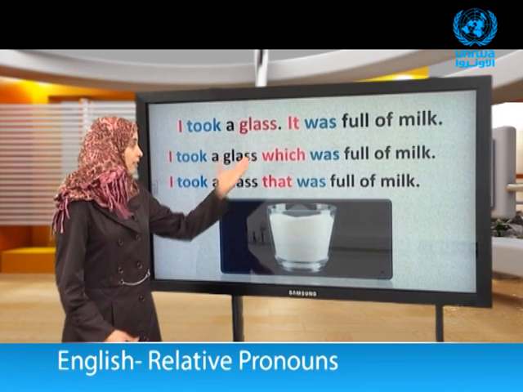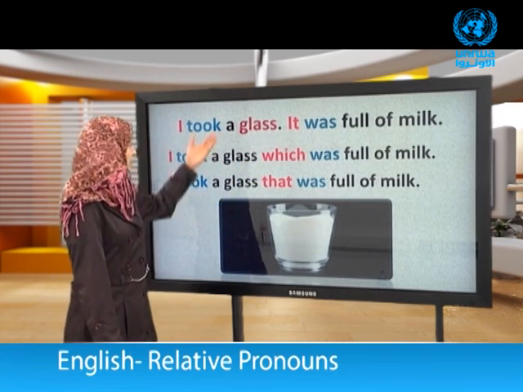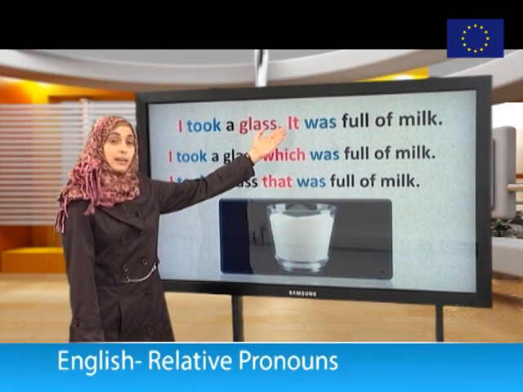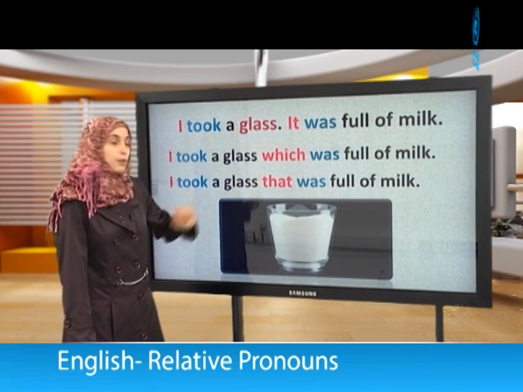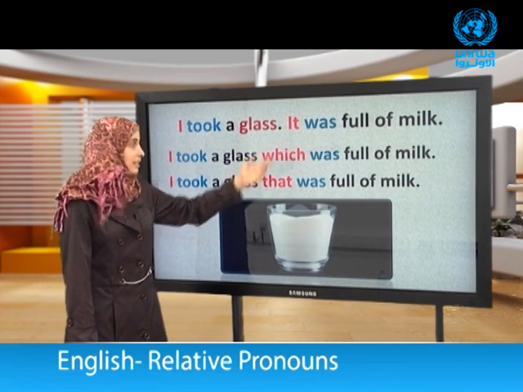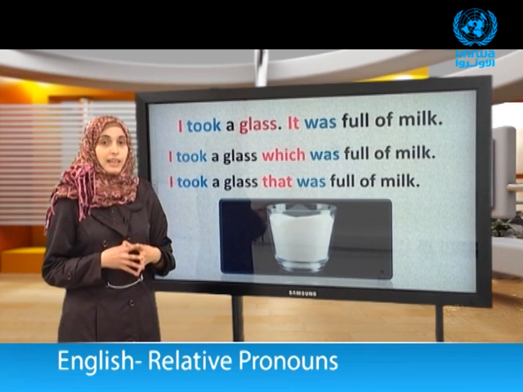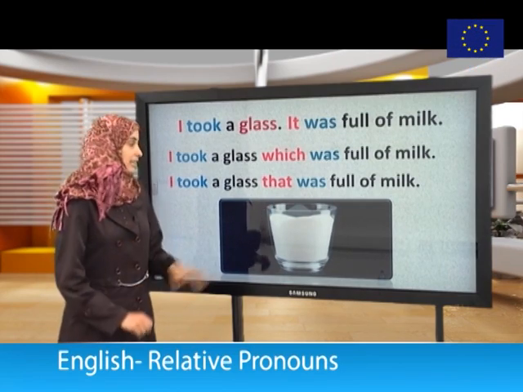We used either which or that. What we have done, the first sentence, we deleted the full stop. We deleted the subject of the second sentence, it, because it refers to glass. We replaced it with which or that, and the rest of the sentence remained the same. Now, did you understand that? What can you conclude?